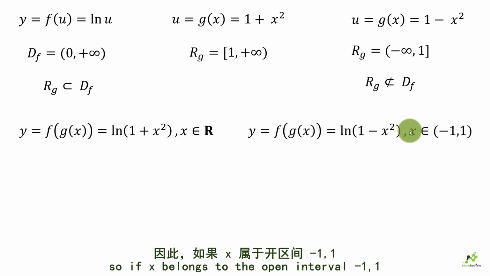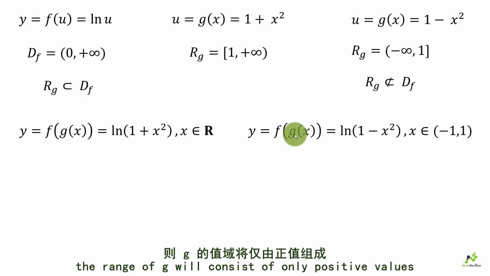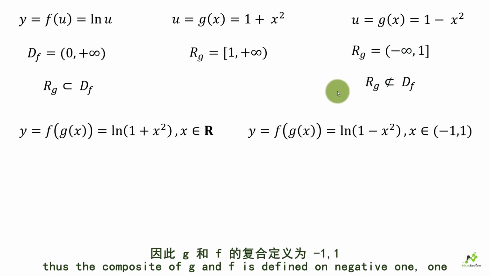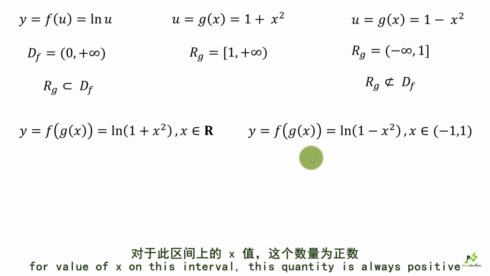So, if x belongs to the open interval (-1, 1), the range of g will consist of only positive values. Thus, the composite of g and f is defined on (-1, 1). For values of x on this interval, this quantity is always positive.